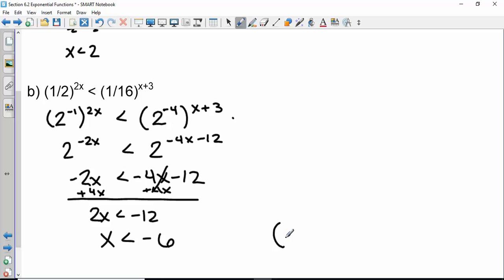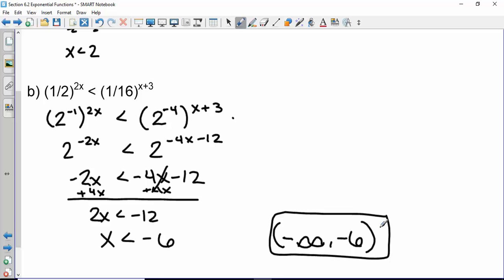So less than would be negative infinity to negative 6. If I got x is greater than negative 6, what would I put? Negative 6 to infinity. So on those inequalities, you'll always have an interval like that for an answer.